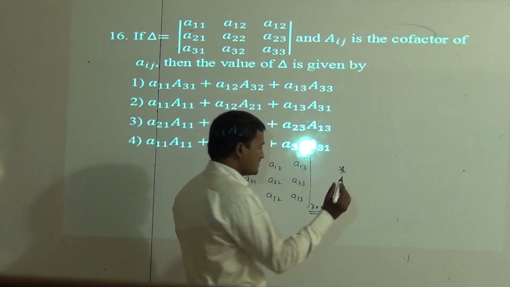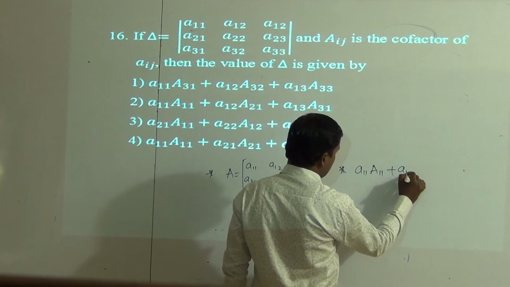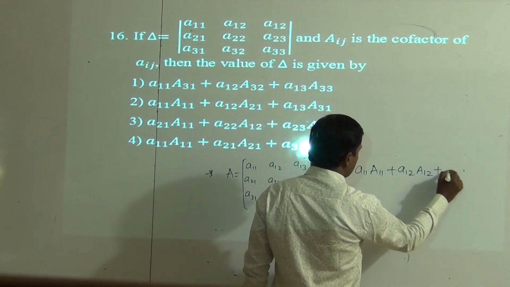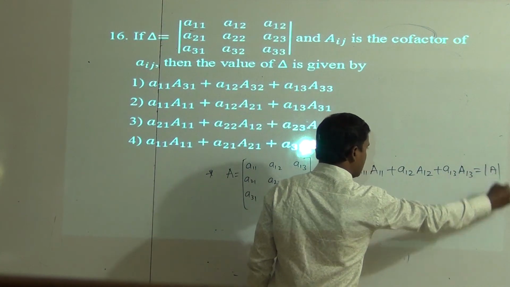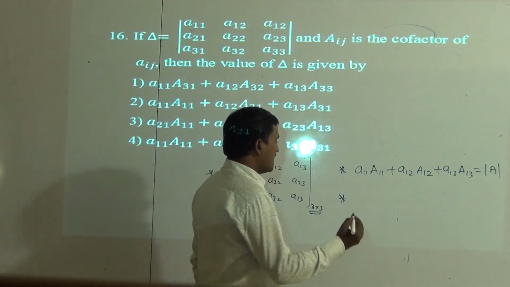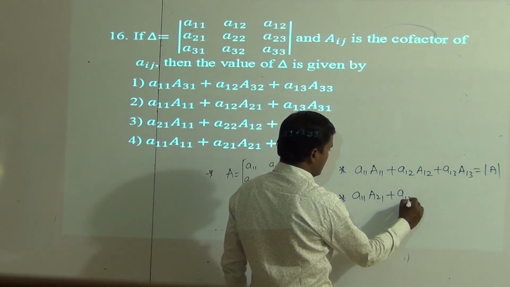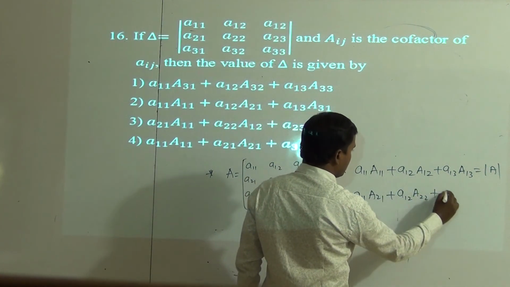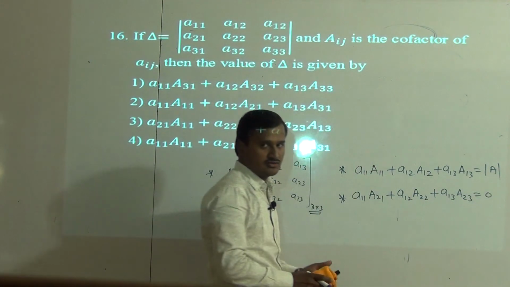First, a11 A11 plus a12 A12 plus a13 A13 is always equal to the determinant of A. And if you take a11 A21 plus a12 A22 plus a13 A23, this is equal to 0.